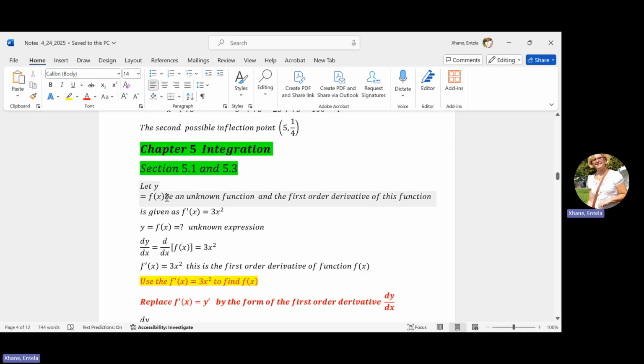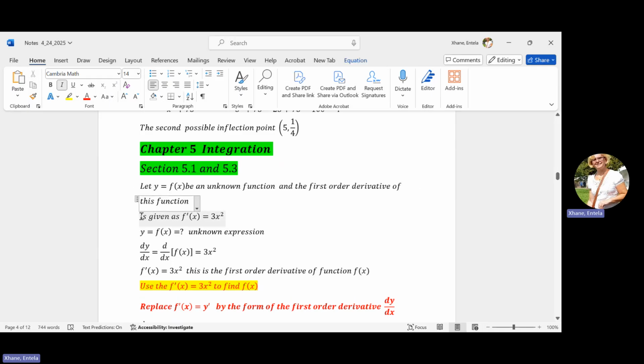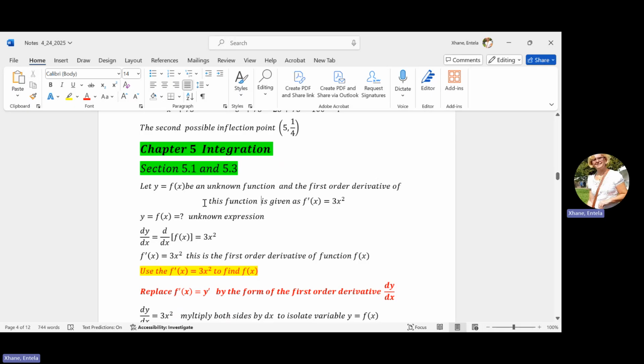Let y equals f of x be an unknown function, and the first order derivative of this function is given as f prime of x equals 3x squared. So that's what is given. Let me back up a little bit.